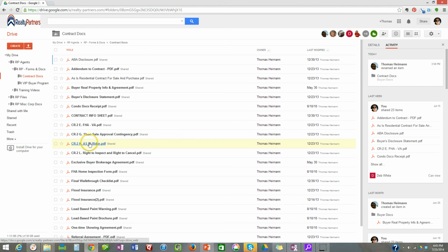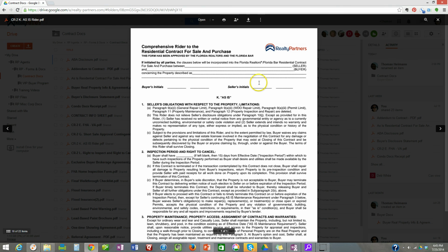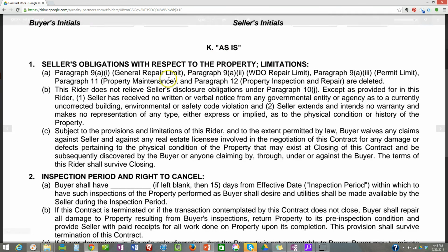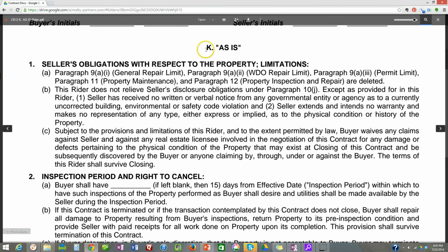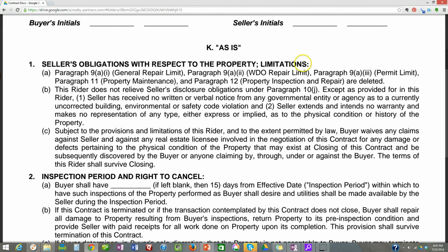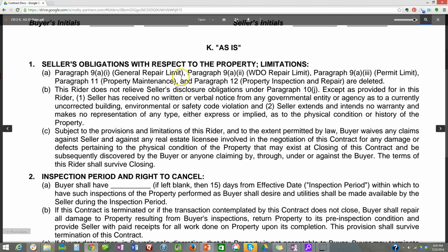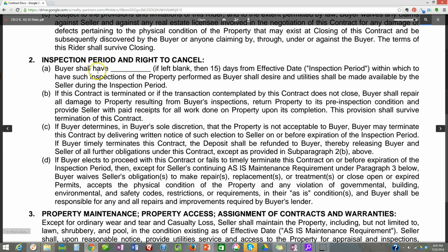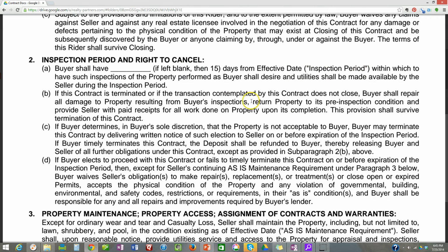Let's take a look at these riders here. And again, these are riders that you would not use on an as-is contract, obviously. But as is, seller's obligation with respect to the property limitations. So basically, the paragraphs 9 through 11 through 12 are deleted. Inspection period, buyer shall have X days to inspect.